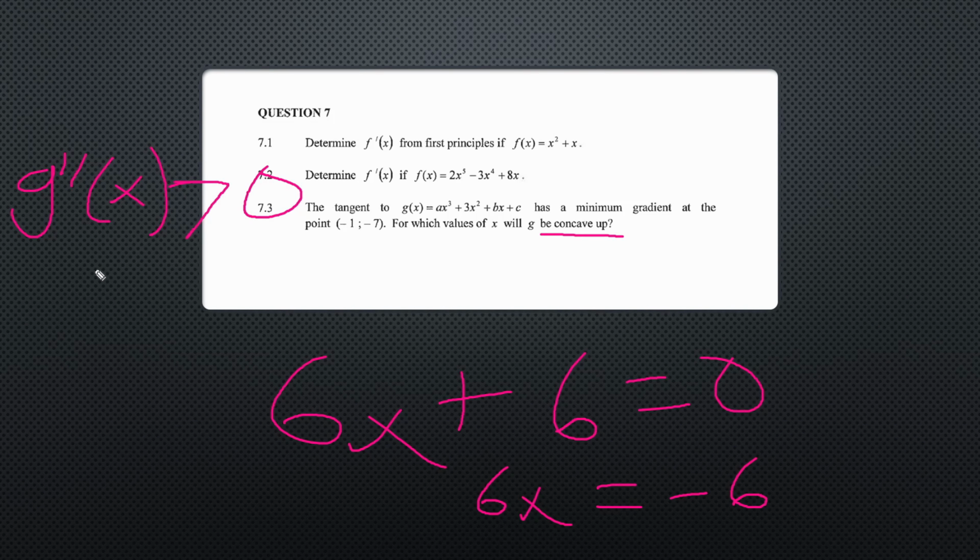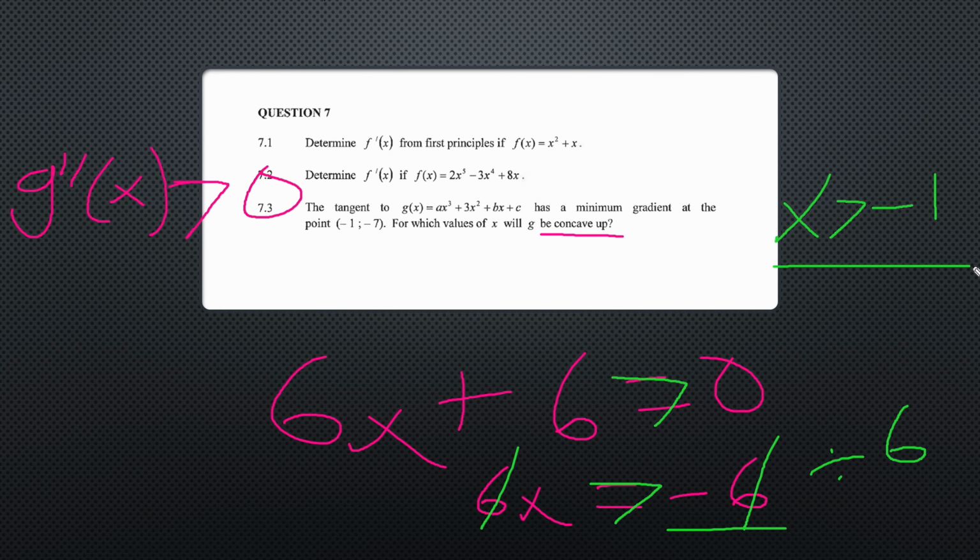Now the equal sign will be replaced by the greater than sign, greater than 0, and then greater than -6. And if you divide this by 6, then you cancel everything, and you know that your x will be greater than -1.